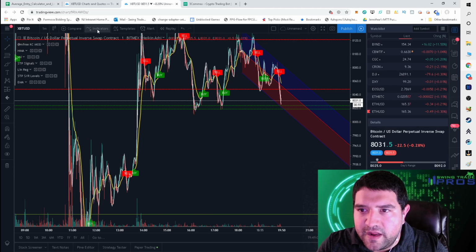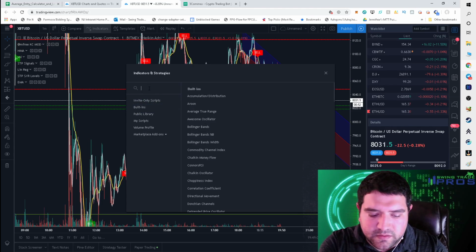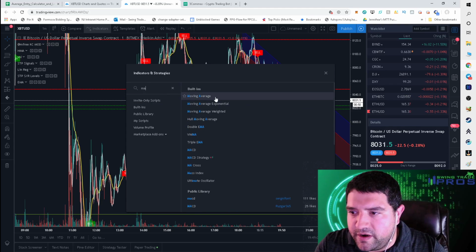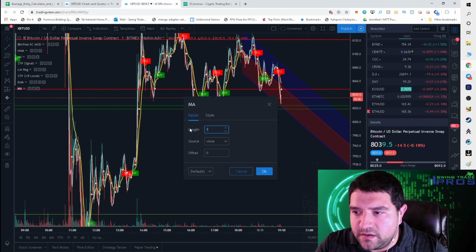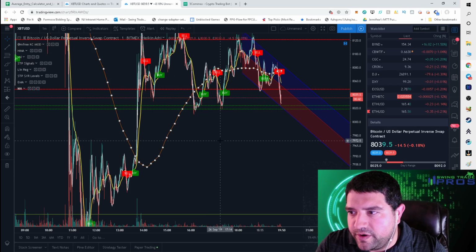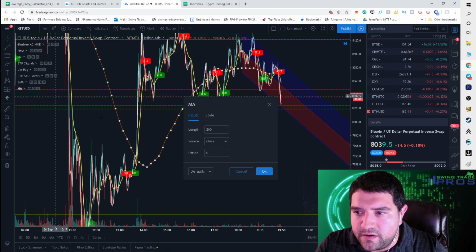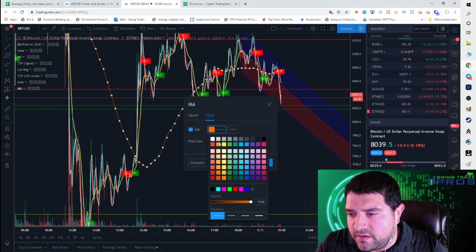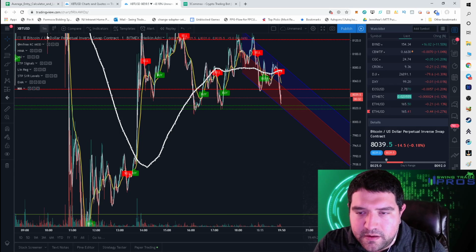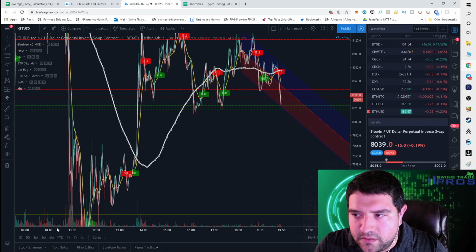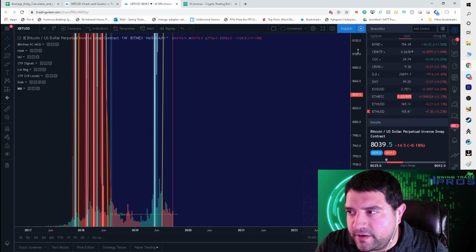So the 200 MA, I'm going to put on the chart for you. We're going to make it the white line here. The 200 is the white line on the weekly. So here's your weekly.